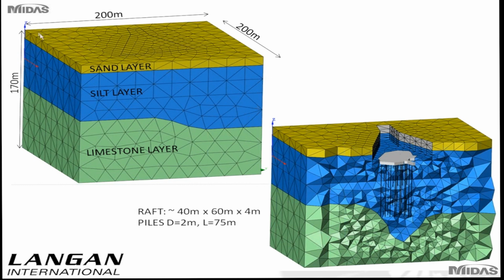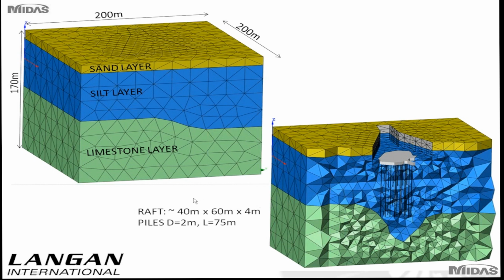Now, here you see that this model is 200 by 200 by 170 meters. The raft is about 40 by 60 by 4 meters thick, and the piles here are 2 meters in diameter and have a length of 75 meters.